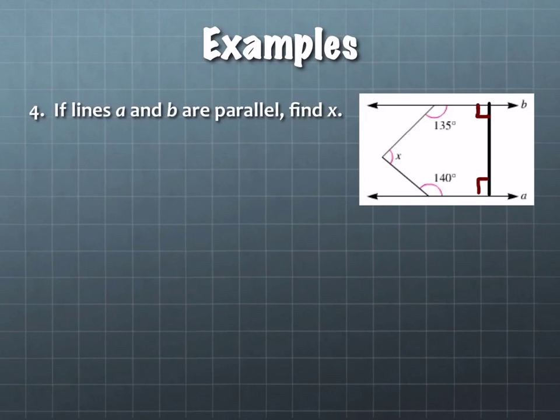So how in the world could I figure out what the angle x would have to be? Yeah, it's much like the problem before. It's not nice and symmetric, but I have 540 degrees, and I can subtract off the pieces that I'm given. I was given 135 and 140. And then I put in the two 90-degree angles, and I'm able to do that because it told me the lines are parallel, by the way.